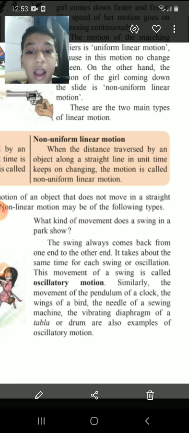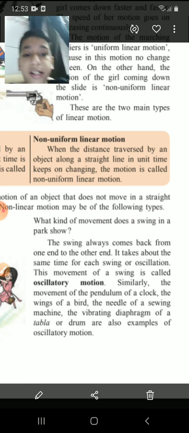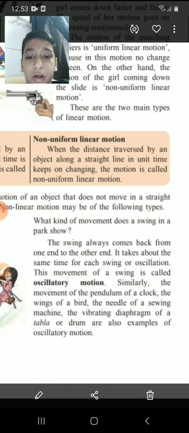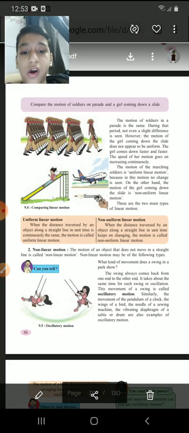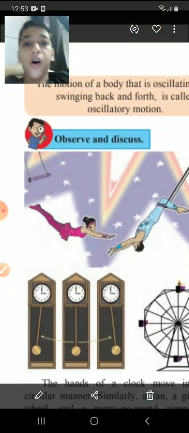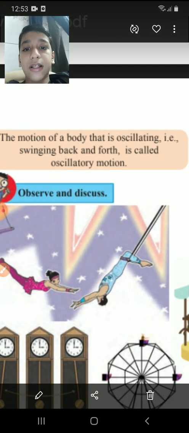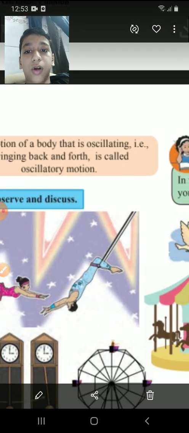Similarly, the motion of the pendulum of a clock, the wings of a bird, the needle of a sewing machine, the vibration of the diaphragm of a tabla or drum are also examples of oscillatory motion. The back and forth swinging motion of a body is called oscillatory motion.